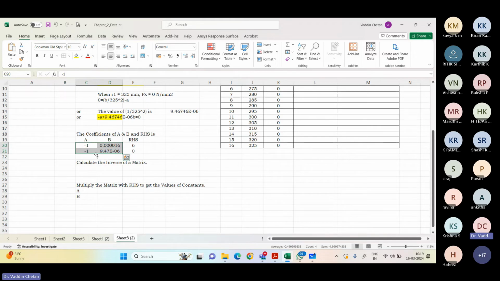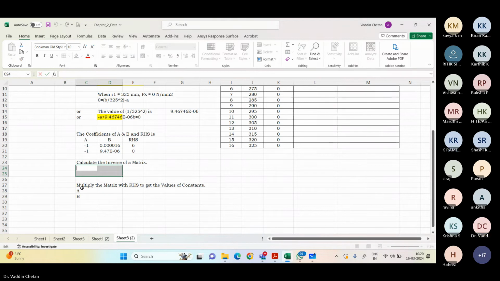So select the cells of a 2 by 2 matrix and press the F2 button. Press F2, equal to, and you have a function called MINVERSE. It is asking you to choose an array.